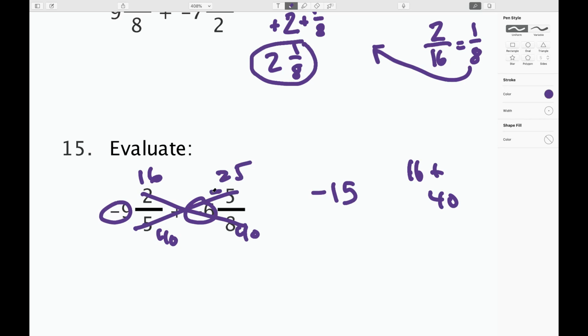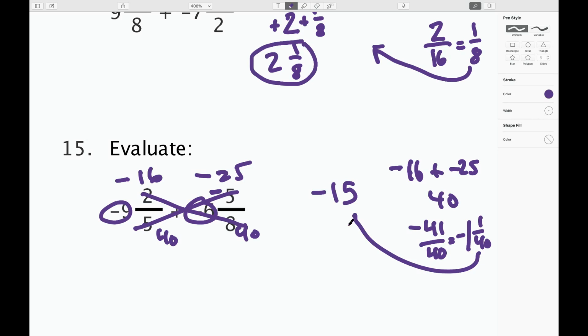Oh, but that's a negative, so -25. That's where this kind of shortcut, oh, that's a -2. So that's negative plus a -25. And you kind of see where I'm going with this. This is -41 over 40, so equals -1 and 1/40th. So put that together with that, and you get -16 and 1/40th. So I add them because they're both negative.